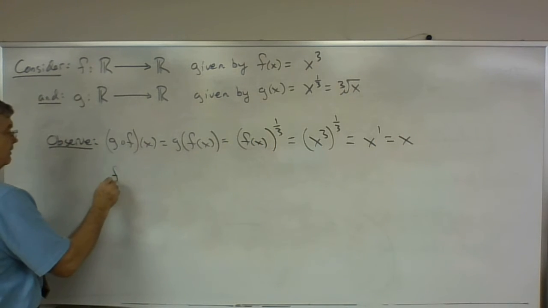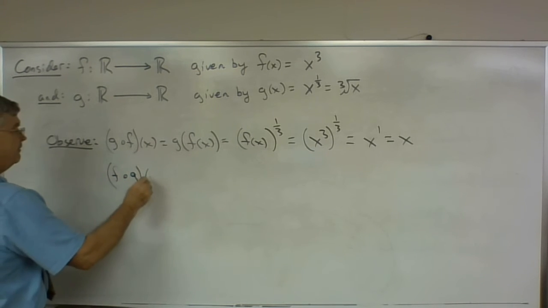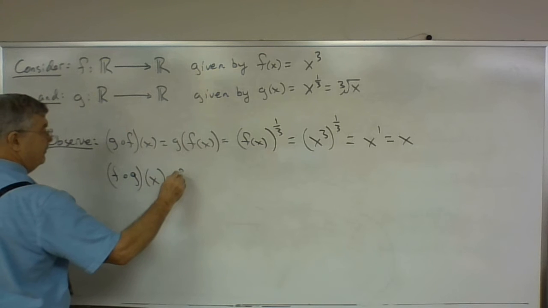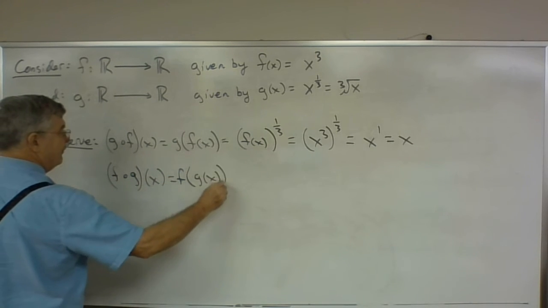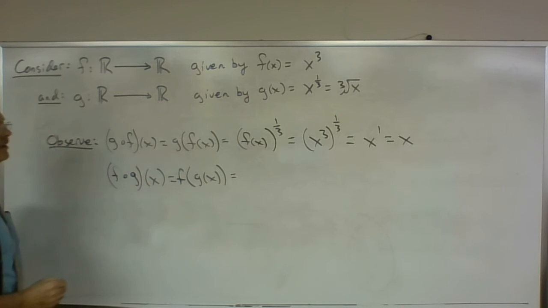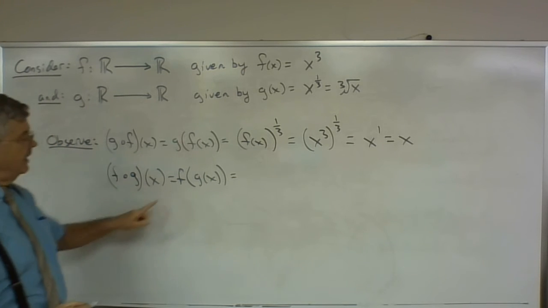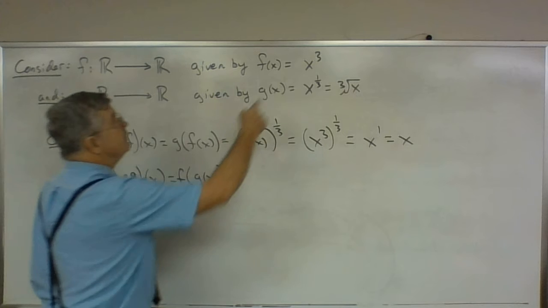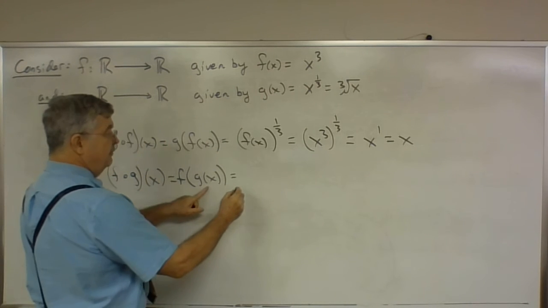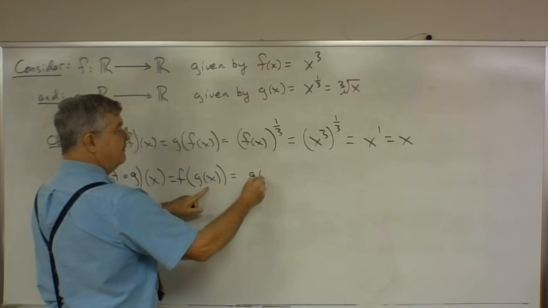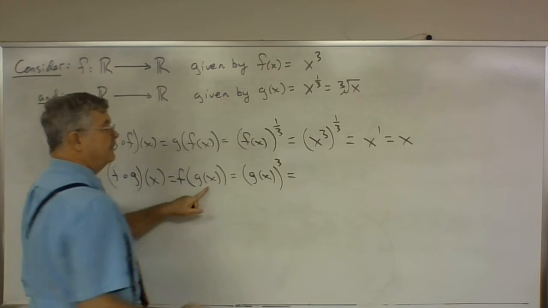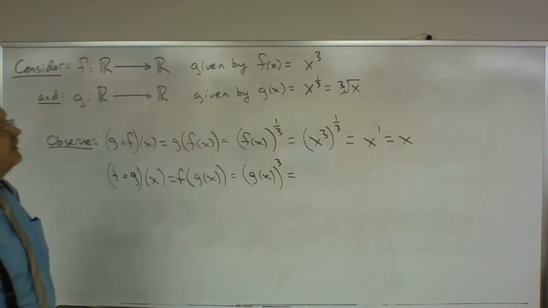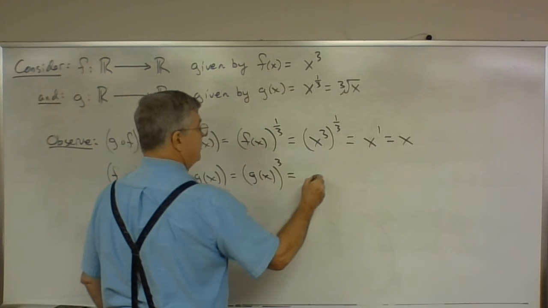And let's look at f composed with g of x. F of x is x cubed, so f evaluated at g of x is g of x cubed. And g of x is x to the 1/3.